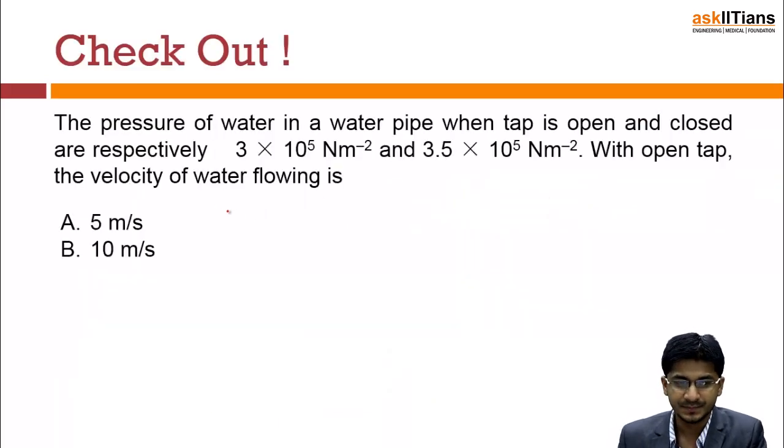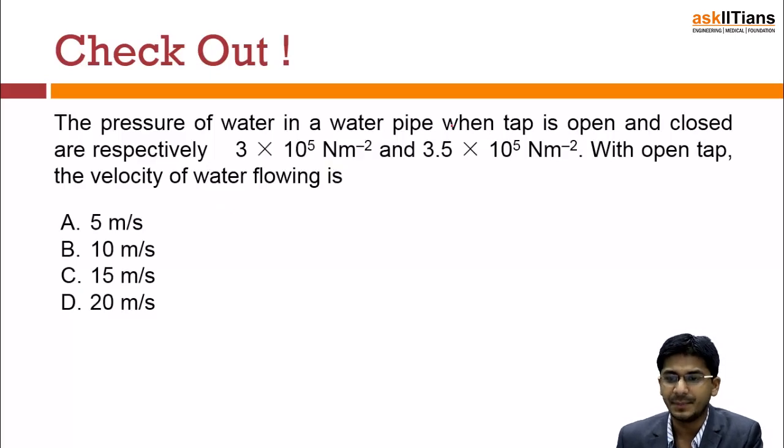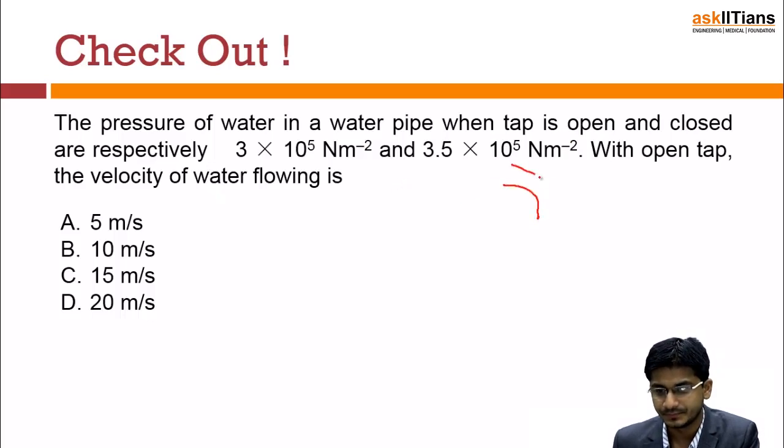Now this question says that the pressure of water in a water pipe when the tap is open and closed are respectively this. With open tap, the velocity of water flowing is... let's make a tap. This is a tap. Now it is given here that the pressure of water in the water pipe when the tap is open and closed.